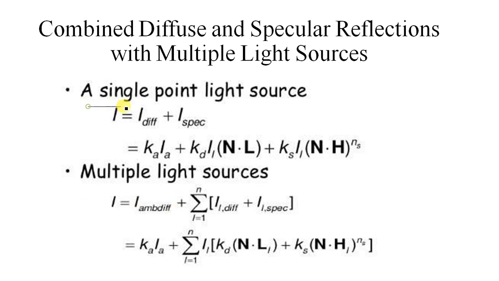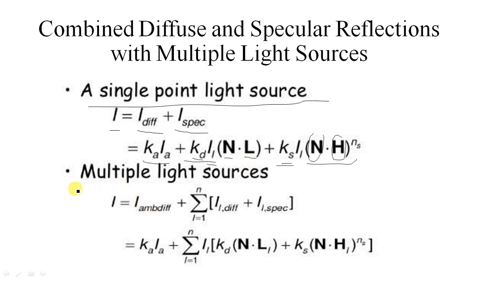Suppose we are using a single point light source, then I total, the intensity of light, is equal to I diffuse reflection plus I specular reflection, which is equal to Ka Ia, where Ka is a reflectance constant and Ia is the intensity of light, plus Kd IL (n dot L) plus Ks IL (n dot H)^ns, where H is the halfway vector, n is the normal vector, Ks is the specular reflection coefficient, Kd is the diffuse reflection coefficient, IL is the intensity of light, and L is the vector to the light source.